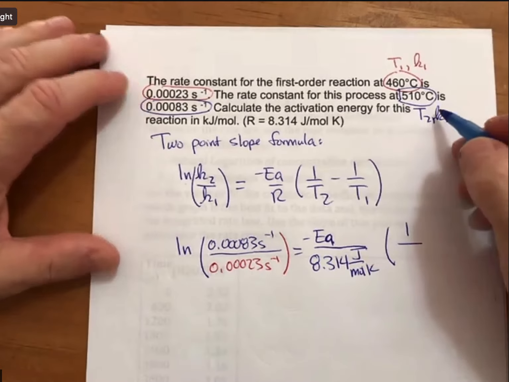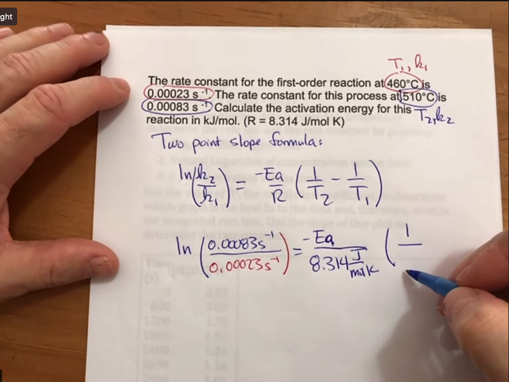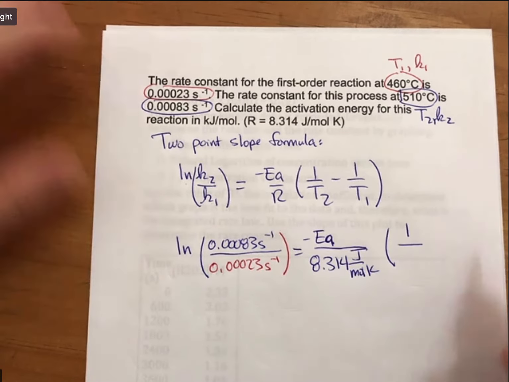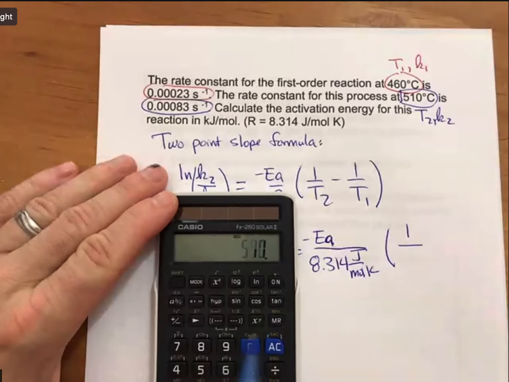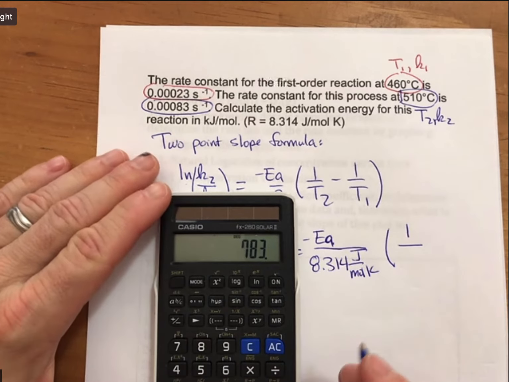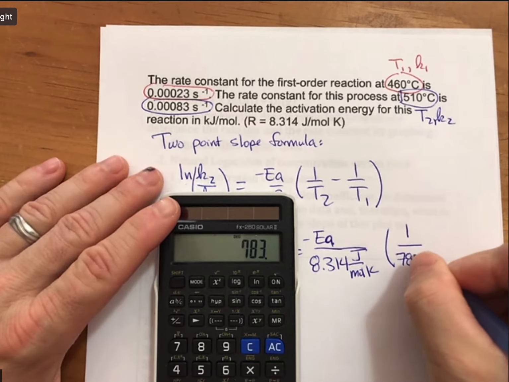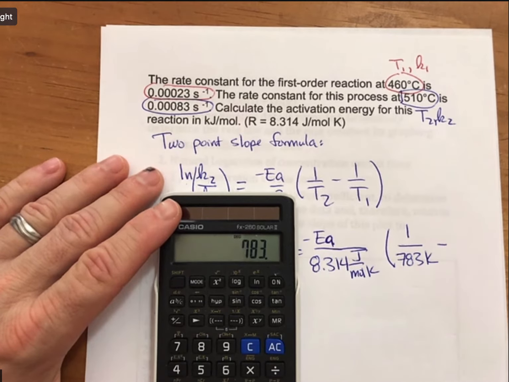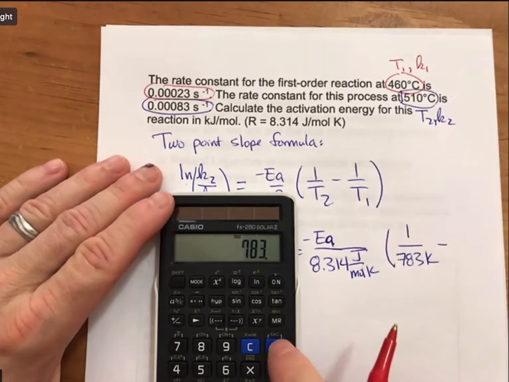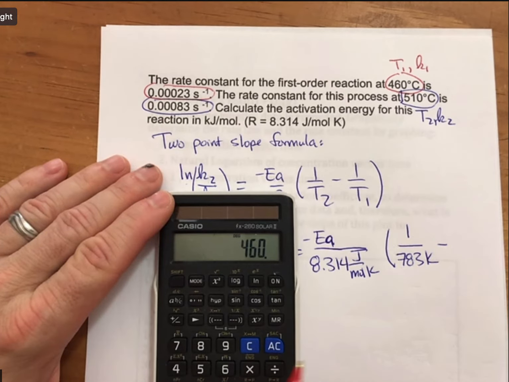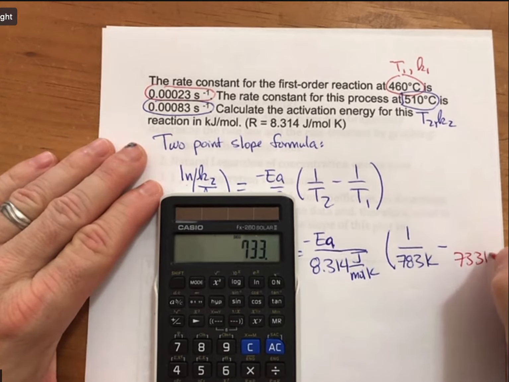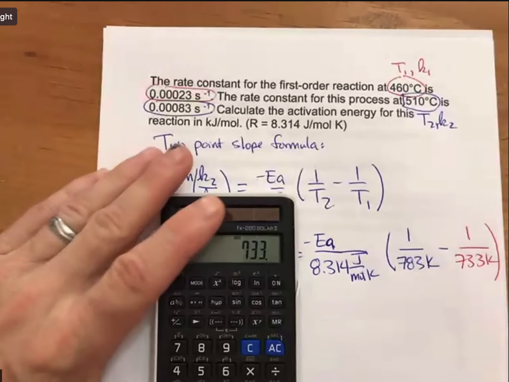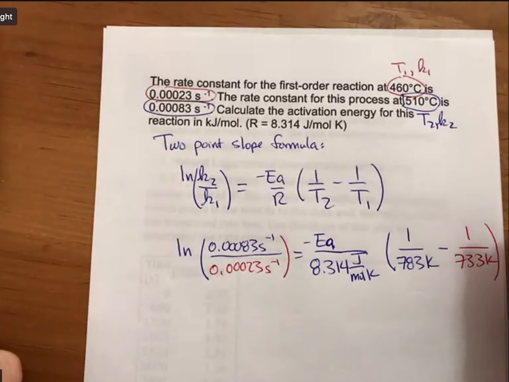And I've got my T2, which must be in Kelvin, so 510 plus 273. I get 783 Kelvin. And T1 is 460 plus 273, 733. And just like that, I've got my whole thing set up, and there's only one thing to solve for, the activation energy.